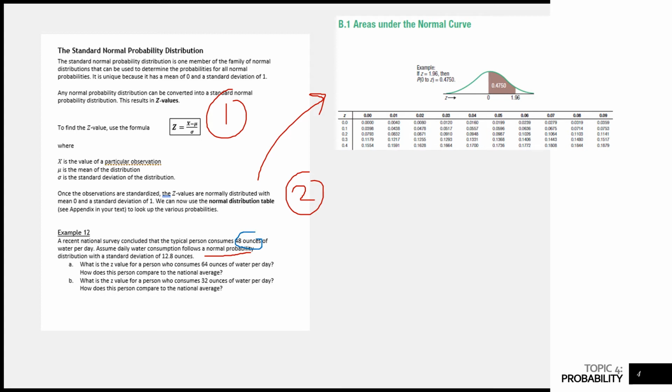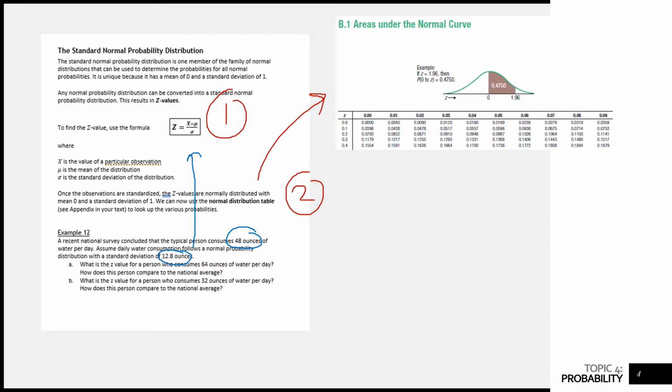Because they tell you the typical person, and typical is average. Another way to say average is typical. So you know the mean is 48, and you also know the standard deviation is 12.8. So you've got these two important figures, and you can input these numbers into the formula.